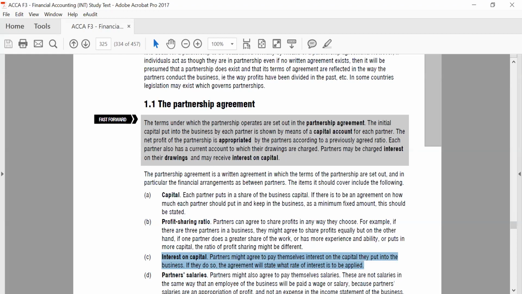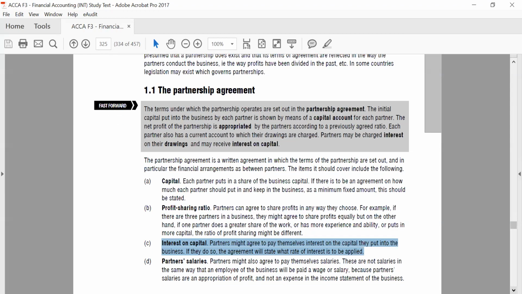Then also, one of the things that we get to see is that when partners are together, sometimes we could have a partner who is very skilled and maybe has time, and they are going to be involved in the day-to-day running of the business. For partners to be fair to each other, because some partners are dormant partners. I know you might have heard about the different types of partners, active partners, dormant partners.